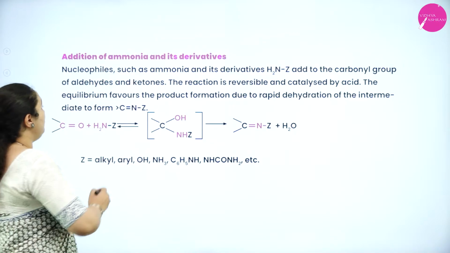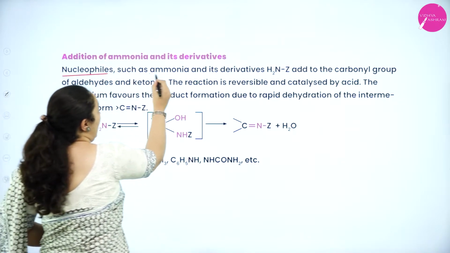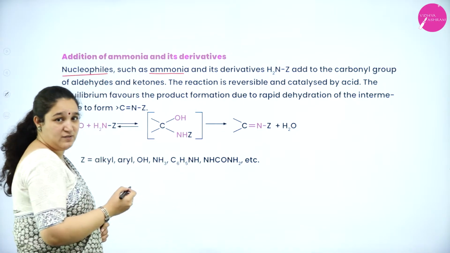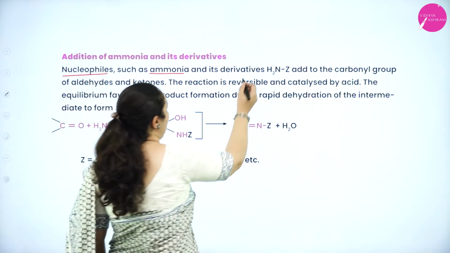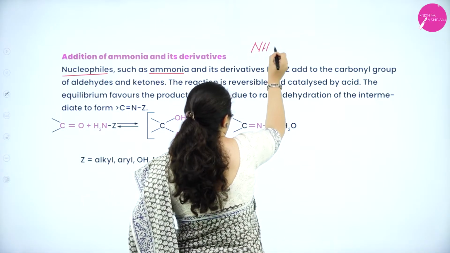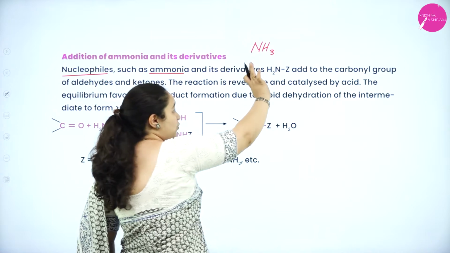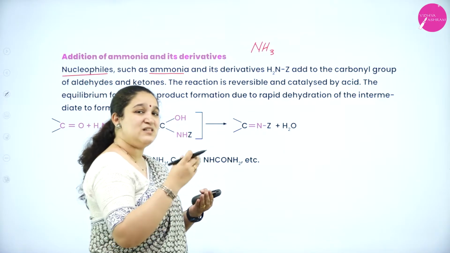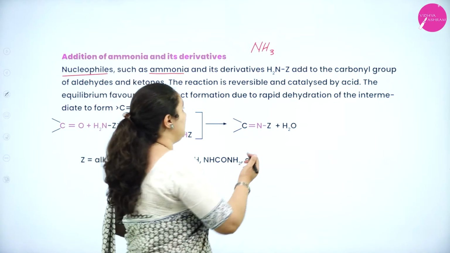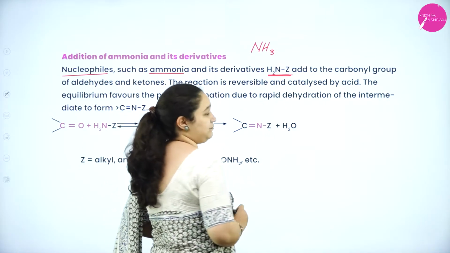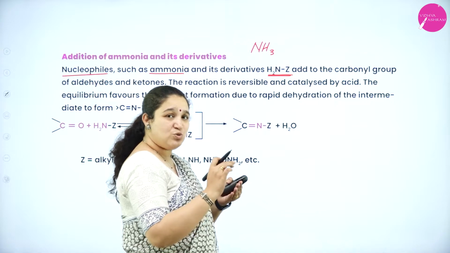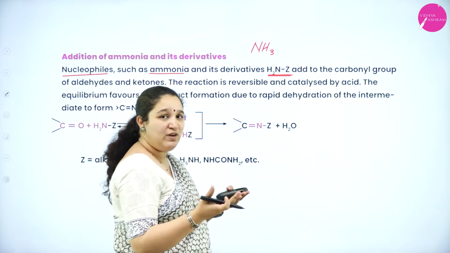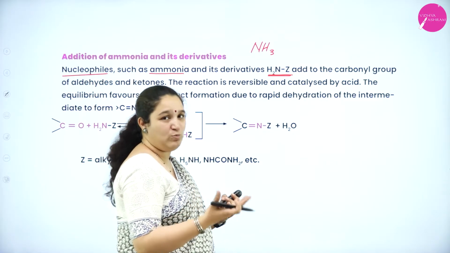So, nucleophiles such as ammonia and its derivatives. We know what ammonia is. Ammonia is NH3. Its derivatives mean one of the hydrogen atoms is substituted with some other group, which we shall consider to be Z. So if the NH2Z group is there, then we call it a derivative of ammonia.